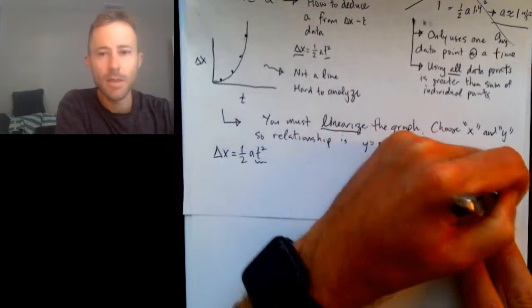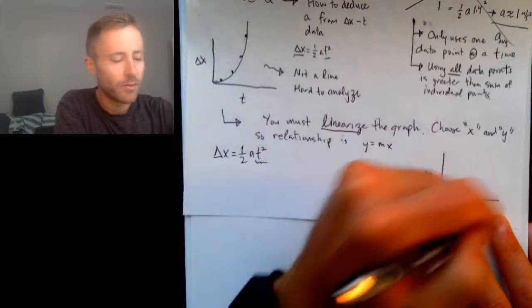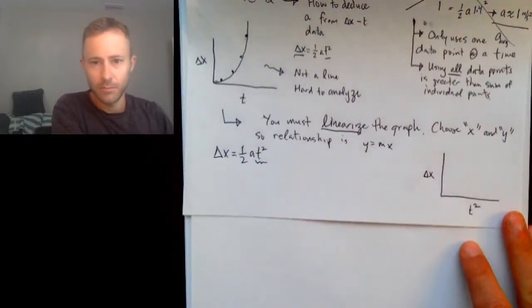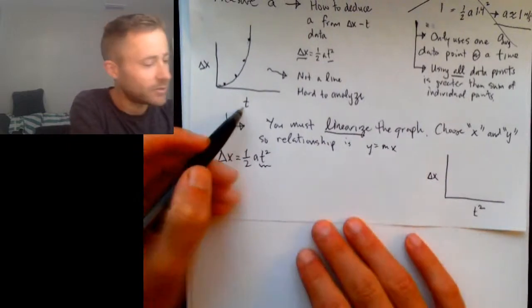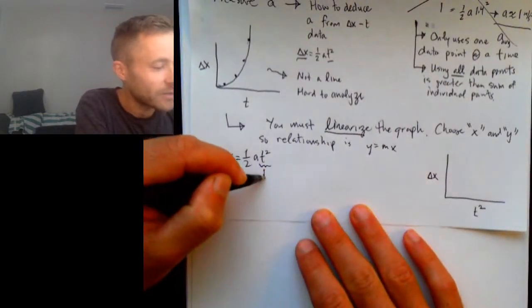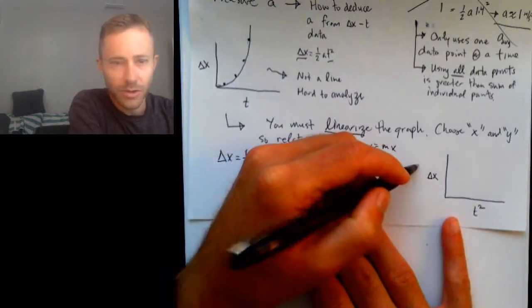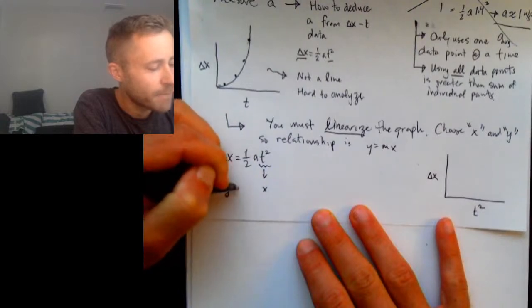So what if I had a graph of displacement versus time squared? Then it's not time that's acting like x, it's time squared that's acting like x. And delta x is on the vertical axis, so delta x is kind of acting like y.